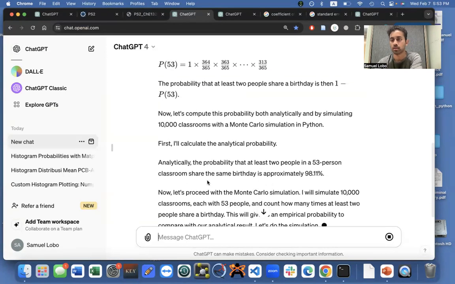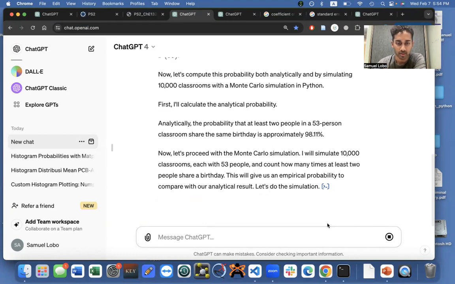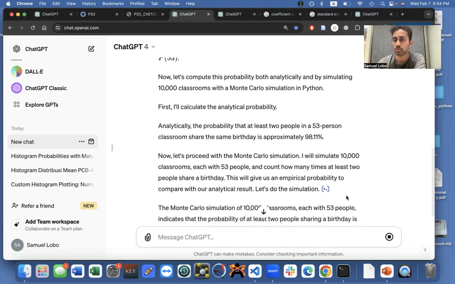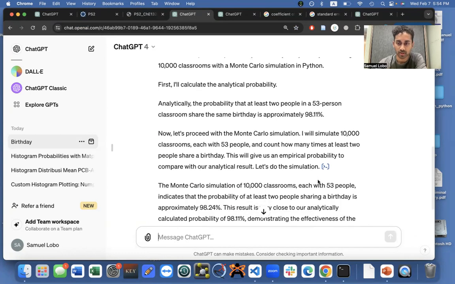That means we imagine 10,000 classrooms by using a random number generator. Monte Carlo is like a casino, where you roll dice and play probabilities. That's why they call it a Monte Carlo simulation.